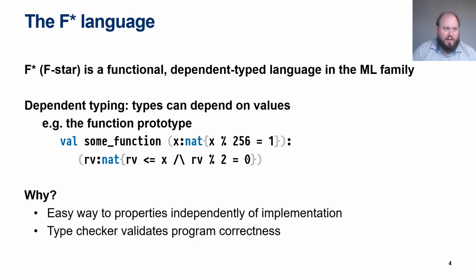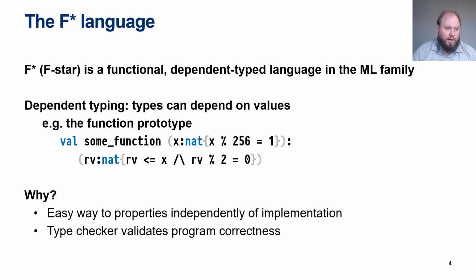And we did this using the F* language, which is a functional language in the ML family. It's dependently typed. And what this means is that the types of one value can depend on another value.